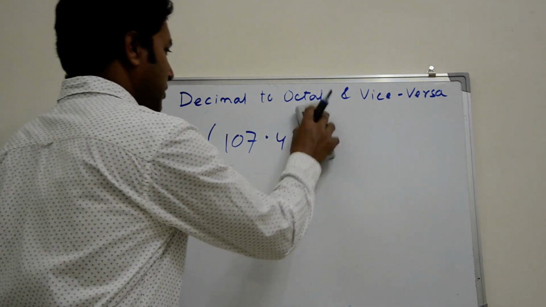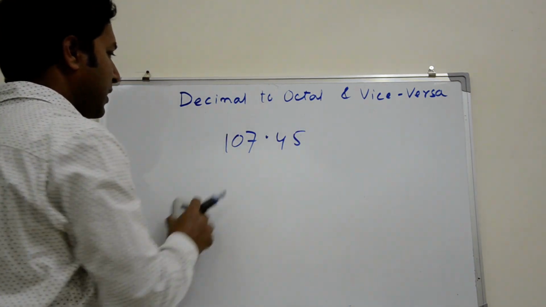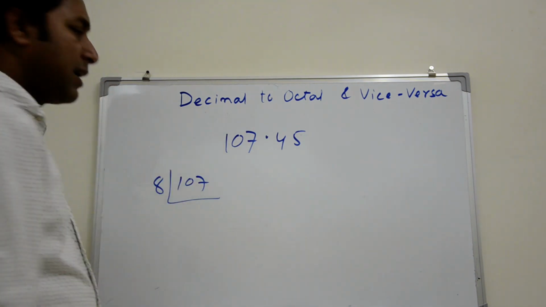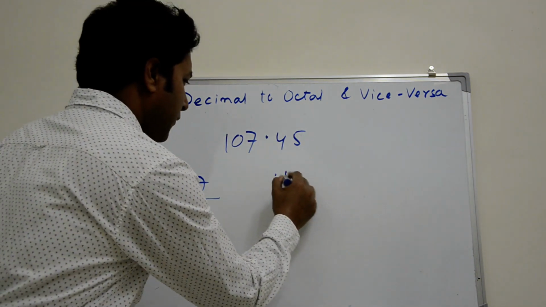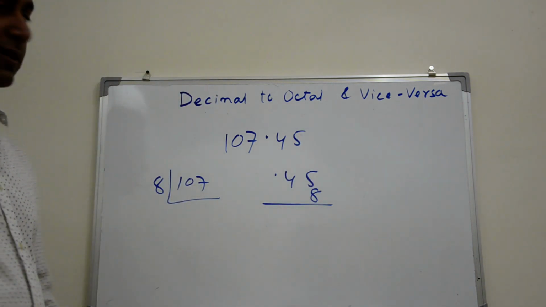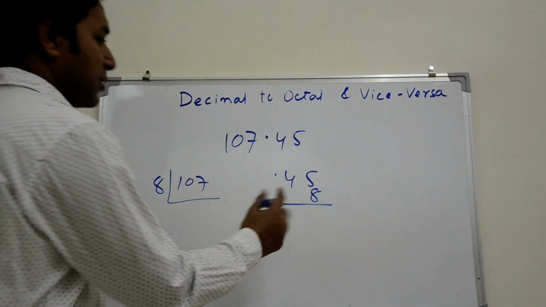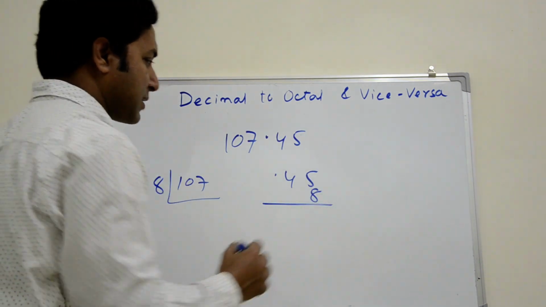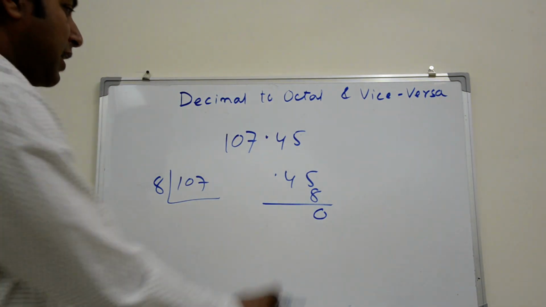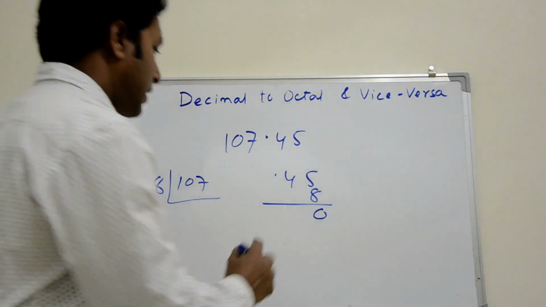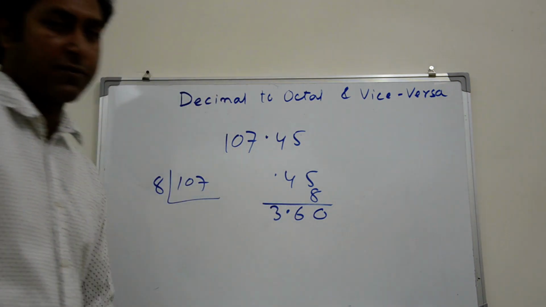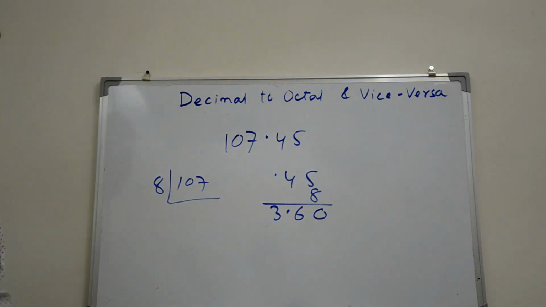So in this case, we have to divide this 107 by 8, and 0.45 we have to multiply by 8. 8 5s are 40, so 0, 4 in hand, 8 4s are 32, 32 and 4, 36. So we got our first answer, which is 3.